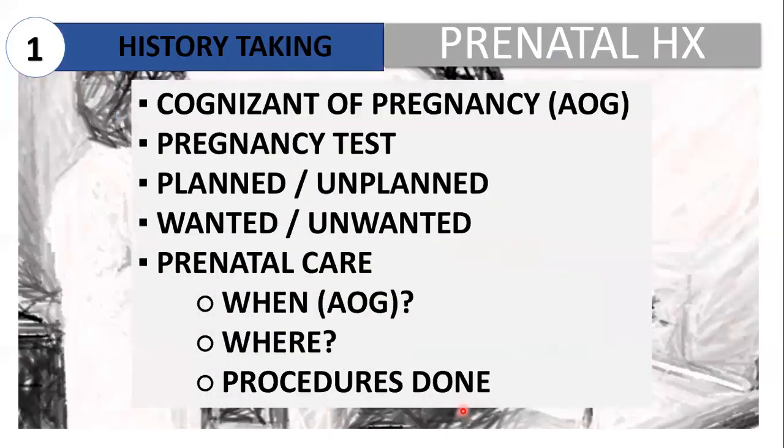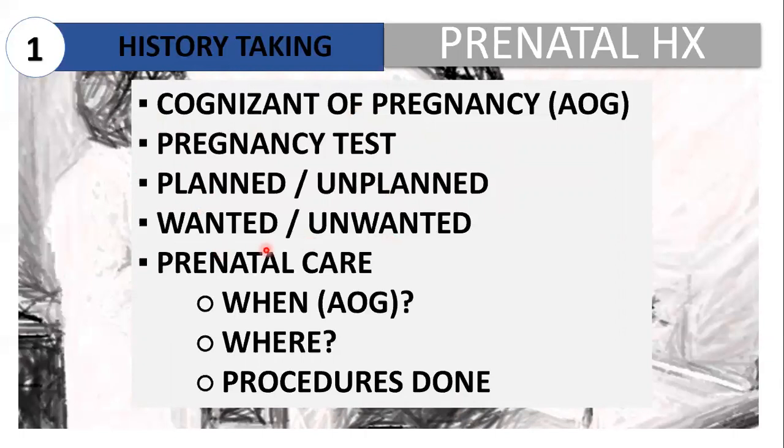And after the HPI, the prenatal history. Here we ask the cognizance of pregnancy, and at what age of gestation the mother became aware of her pregnancy. And then if she used a pregnancy test to confirm the pregnancy, and if the pregnancy is planned or unplanned, wanted or unwanted.